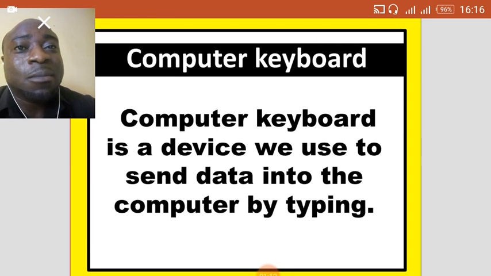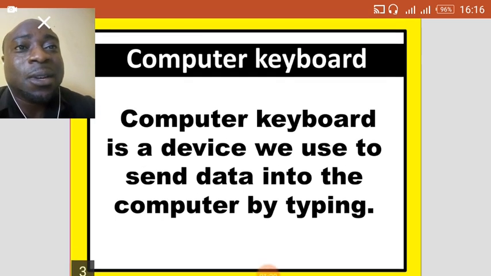And what do we mean by computer keyboard? Let's define computer keyboard. We can say computer keyboard is a device we use to send data into the computer by typing. So when we are pressing and depressing the keys on the keyboard, we are sending data into the computer, and that is what we see on our computer monitor, shown either as a text, a letter, or a number.